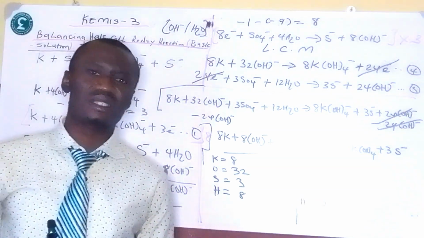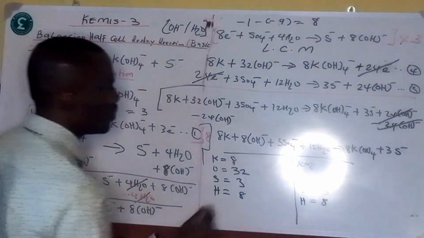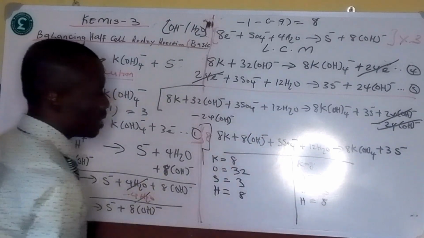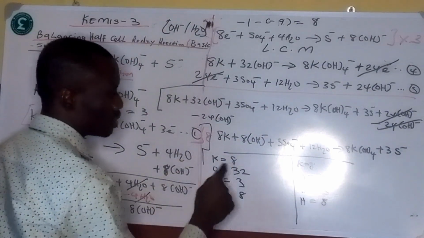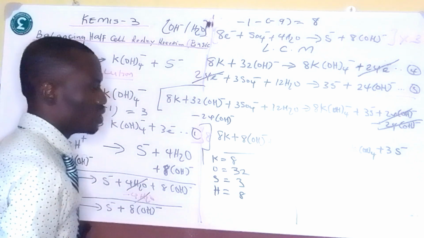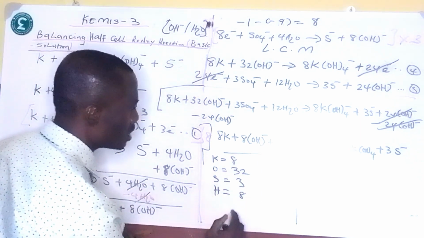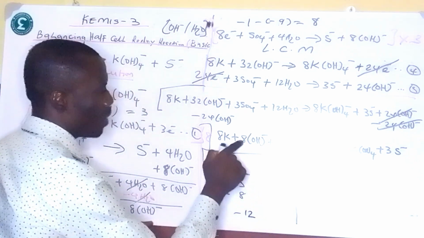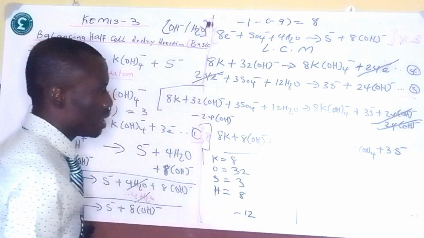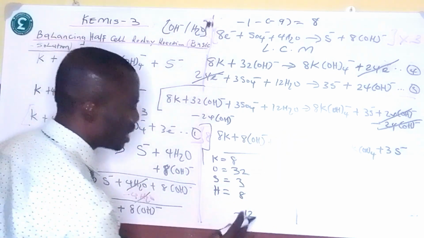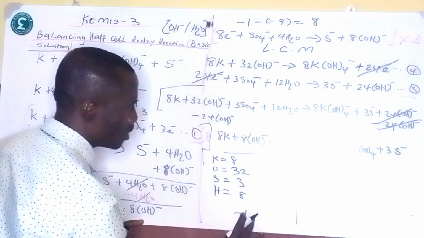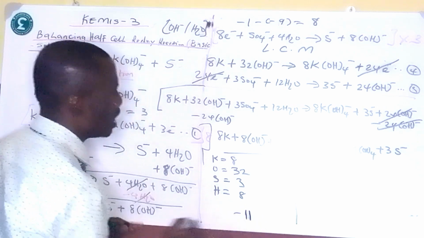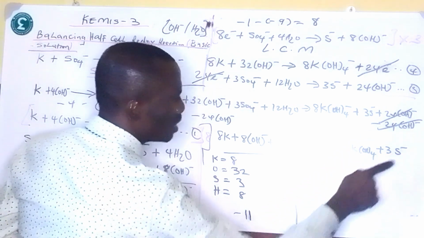Let's check for the charges. We have 8 times 1, that is 8, minus 8 plus minus 3. Minus 8, minus 3, that is minus 11. Okay, minus 11. Now let's check for the charge at this side.